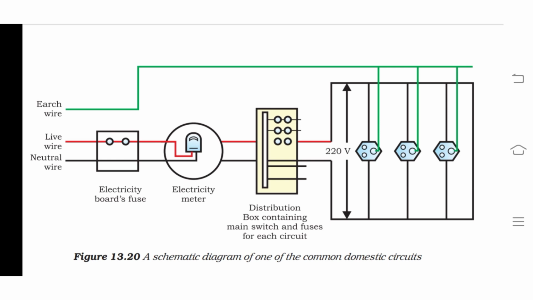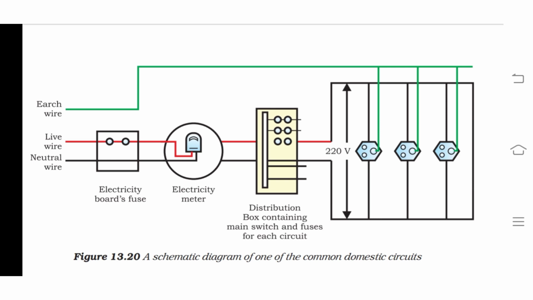The green wire is nothing but the earth wire, connected near the house. Whenever we use metallic bodies, which can produce a short circuit with a higher voltage rating, the green wire prevents electric shock. That is the earth wire.